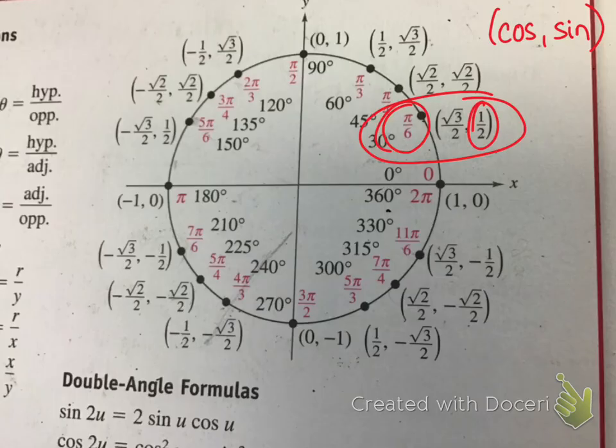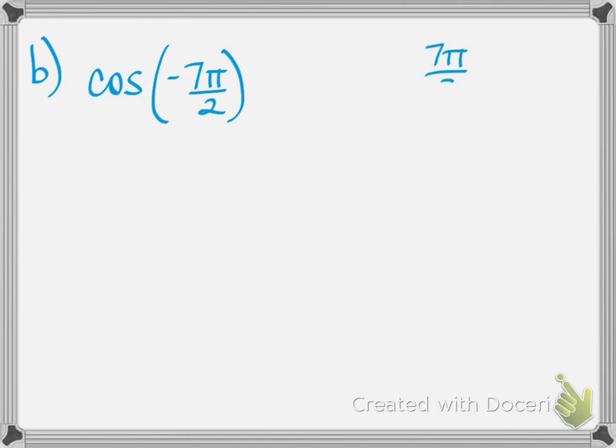Okay, let's do the next example. I closed my book. Let's find cosine of negative 7 pi over 2. Let's ignore the fact right now that it's negative, and let's just find the cosine of 7 pi over 2. It's improper.